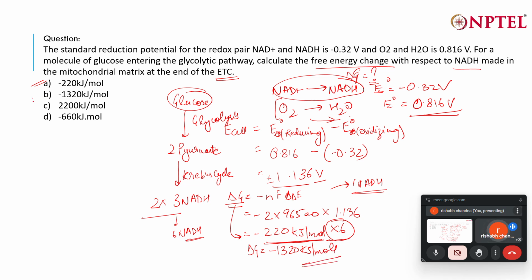So the correct answer would be option B. Okay, is the explanation clear now? Okay, so shall we move to the next question?